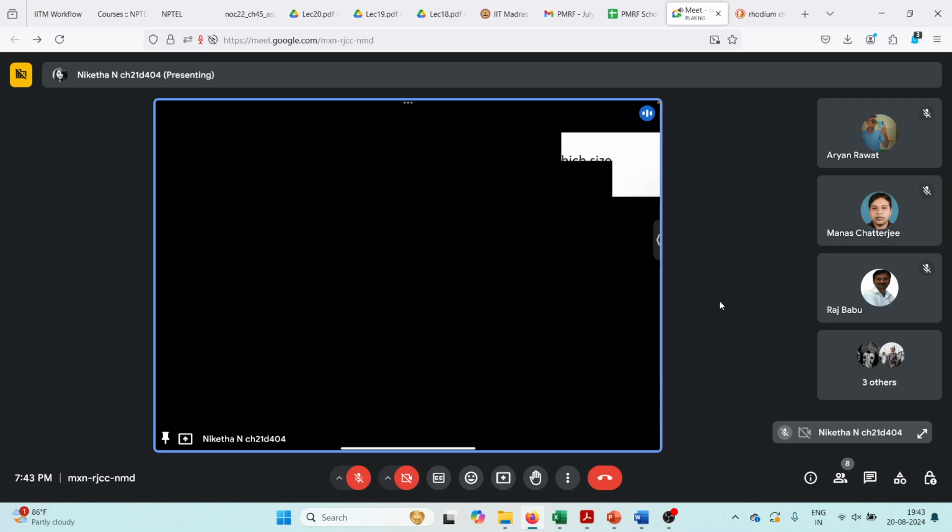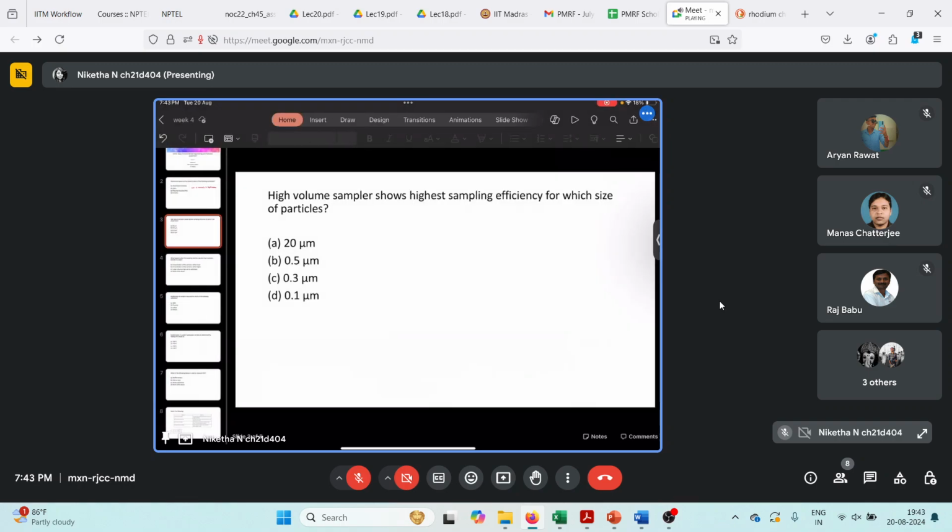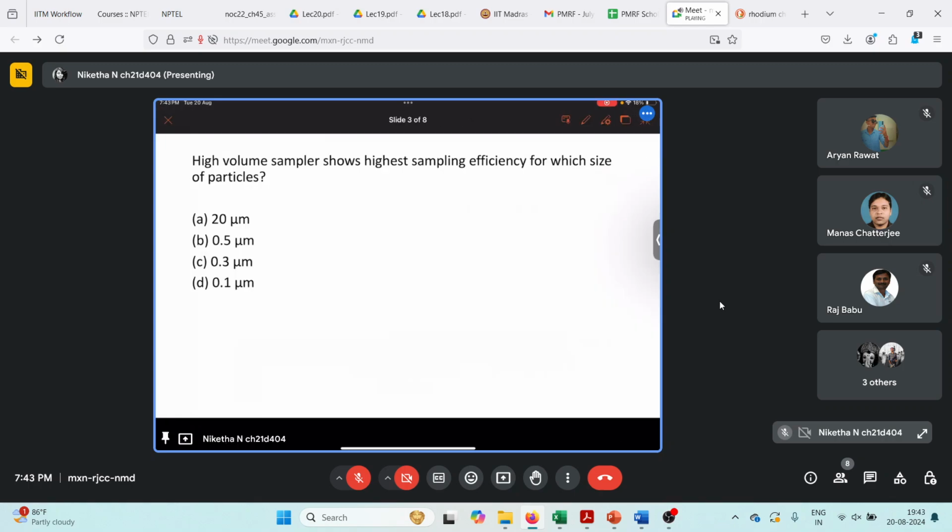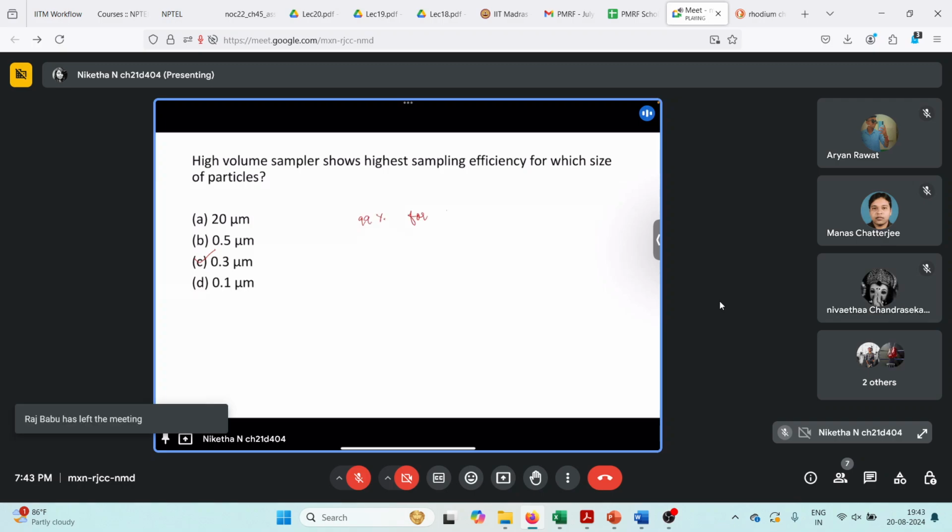Okay, the correct answer is C. So it will have 99% efficiency for particles in the range of 0.3 micrometer.